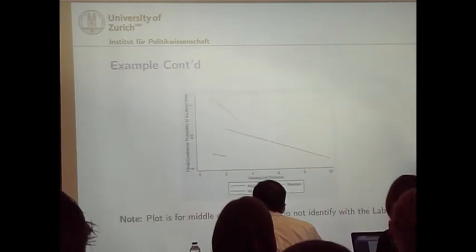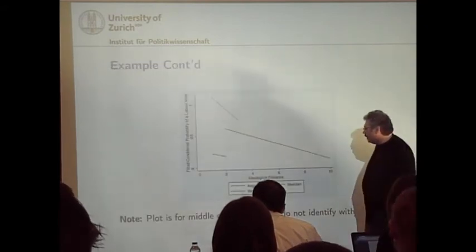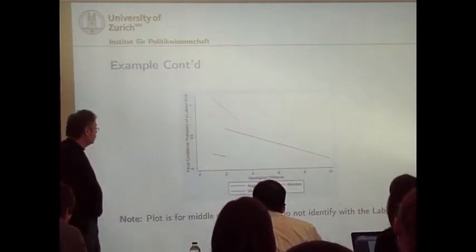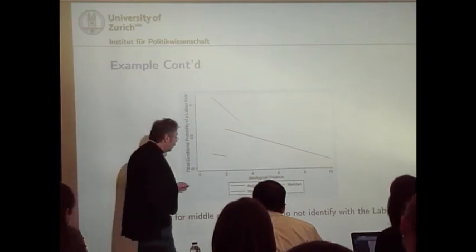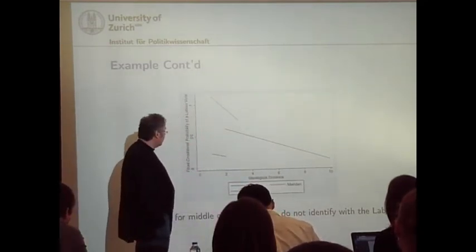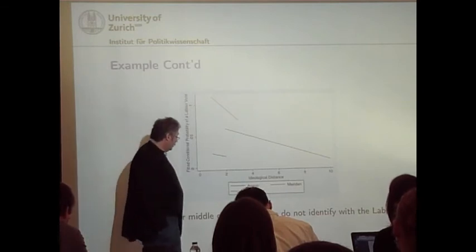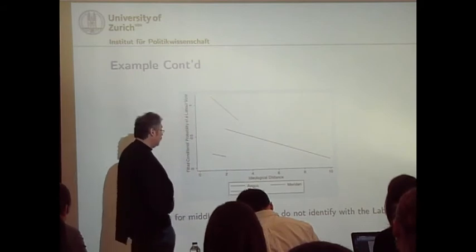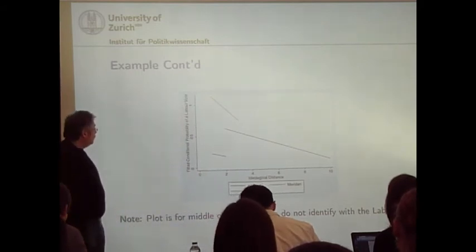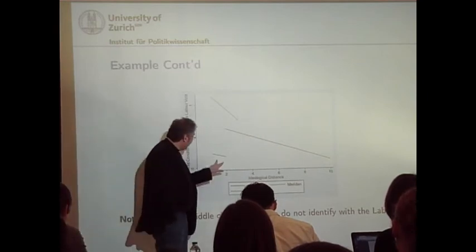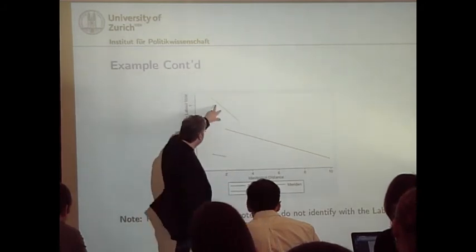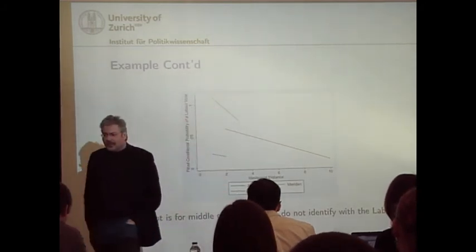So here I have actually done this for 3 polling districts. Here's ideological distance, and here are the effects of ideological distance on the probability of voting for labor. We have Angus here, Meriden here, and Wrexham here.